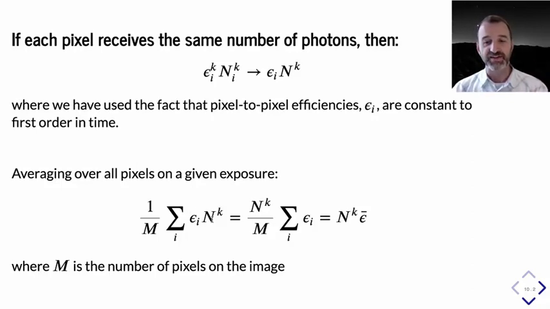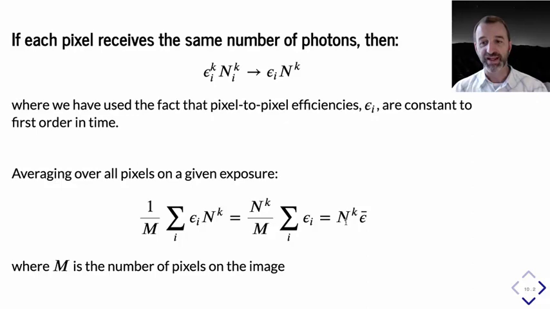We just take the sum over each one of the pixels we have of that product, divide by the number of pixels, and we get an average. And in calculating this average, we can again note that the number of photons does not depend on spatial location. We can pull that out, and this is really just an average of the efficiencies for each one of those pixels. So we can write it this way.